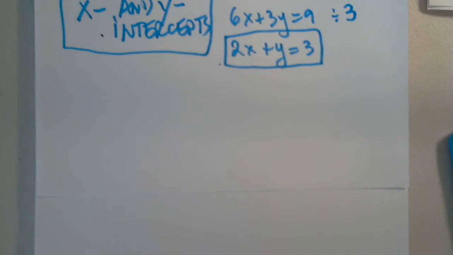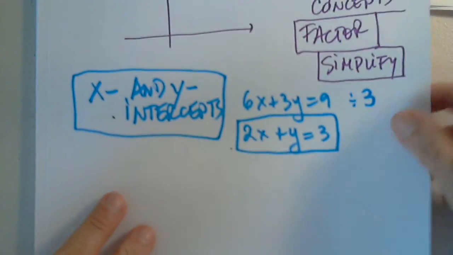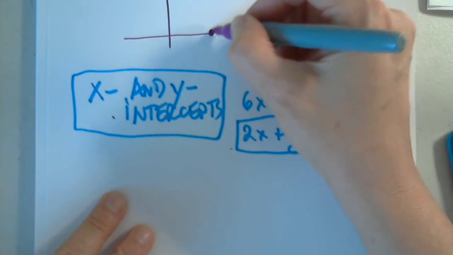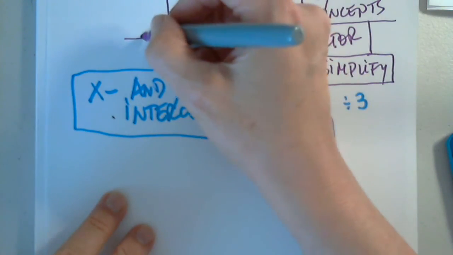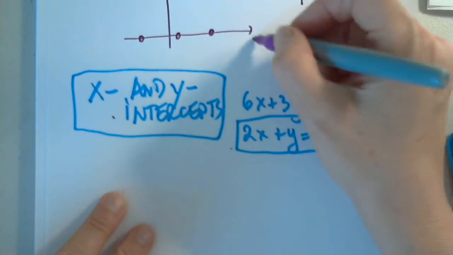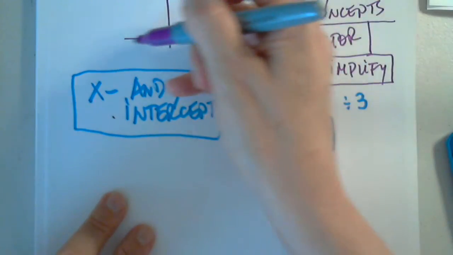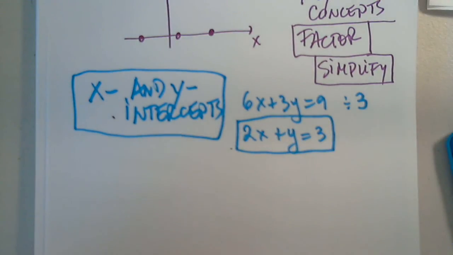Okay, how do I determine the x-intercept? Well, it's a point somewhere here. I don't know where. Maybe here, maybe here. What do I know about points on this line, which is the x-axis? What do they have in common, all of them?